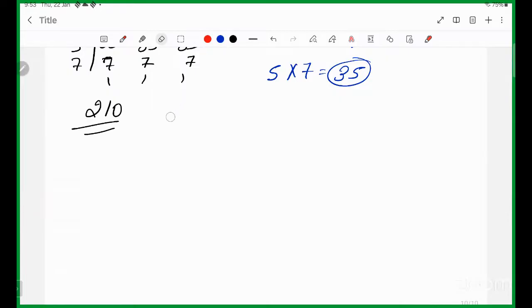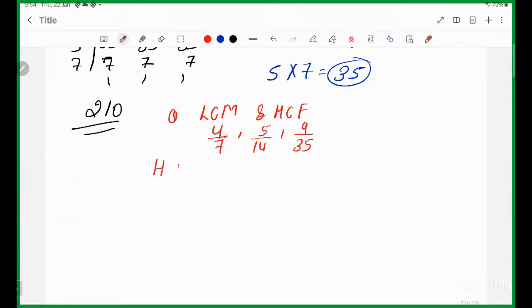For example, find the LCM and HCF of 4 by 7, 5 by 14, and 9 by 35.